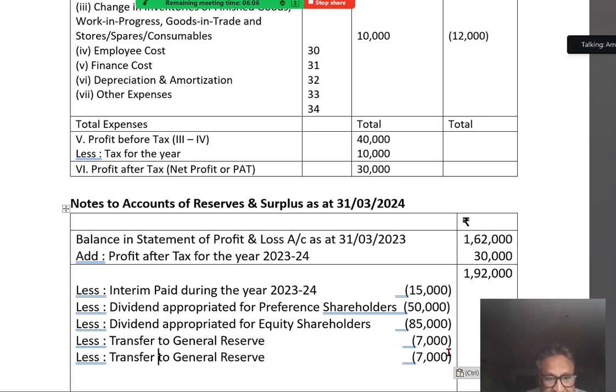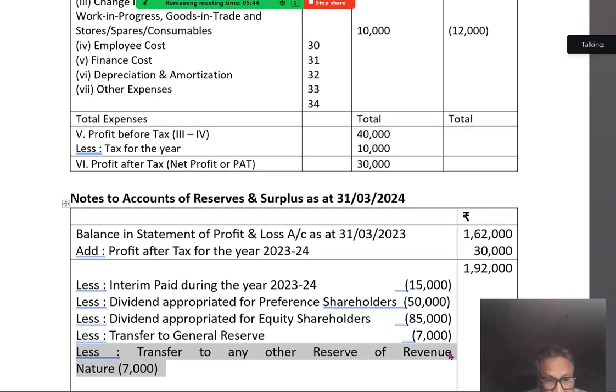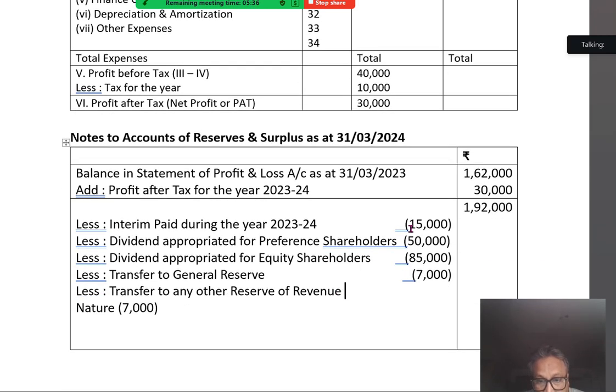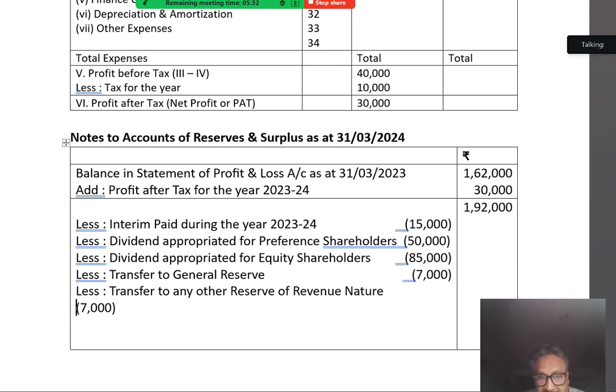And transfer to any other reserve, any other reserve of revenue nature. So here we will not have any transfer to capital reserve. Let's say that is 3,000.